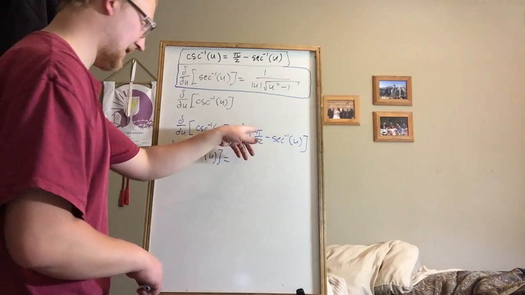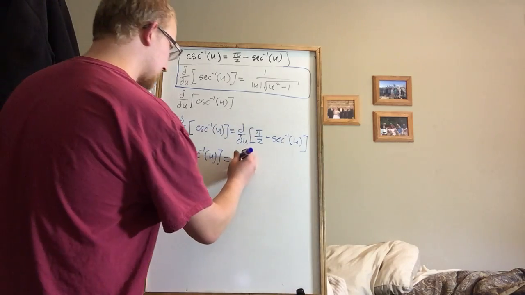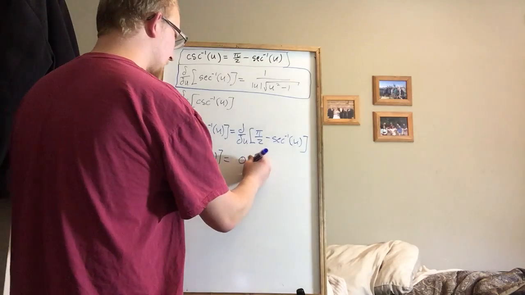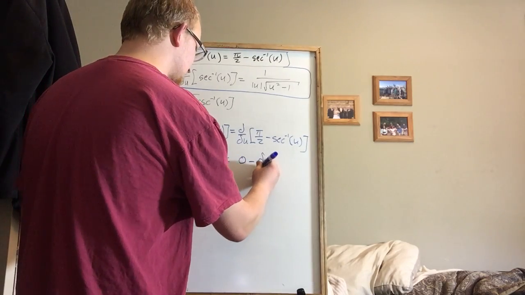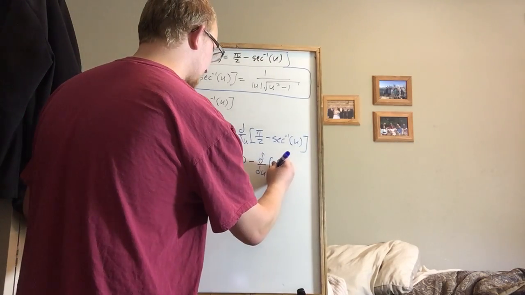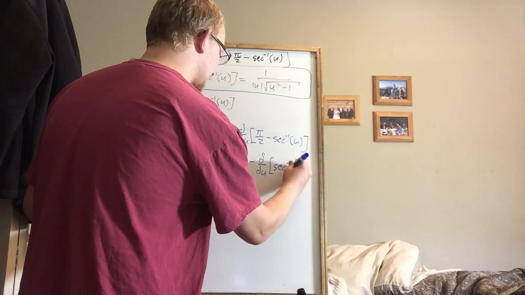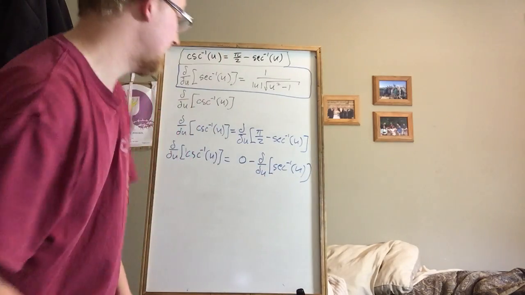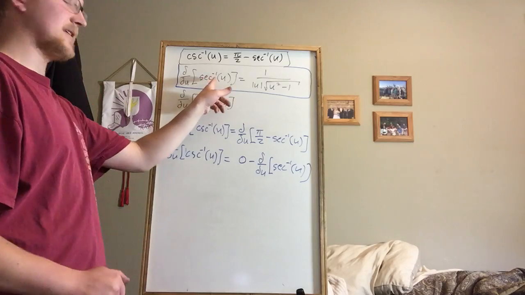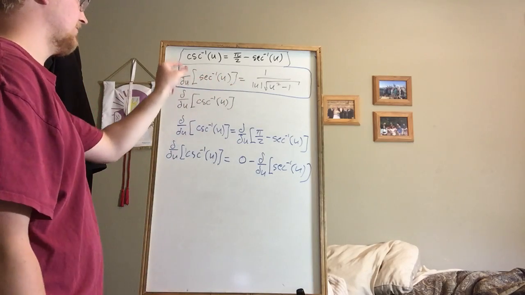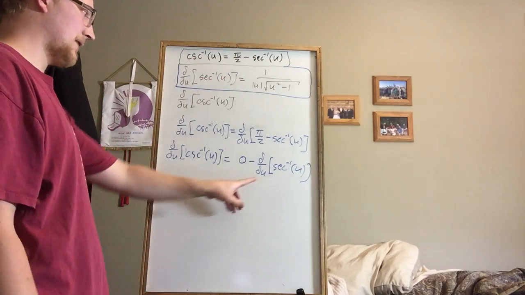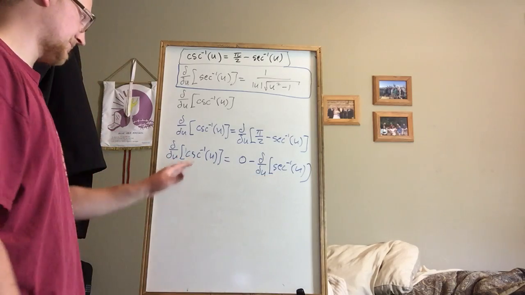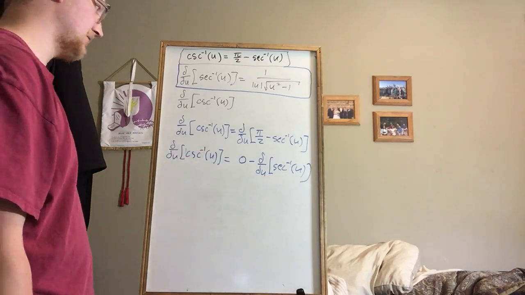I guess they have a sum rule as well as a difference rule, but that's just all a consequence of linearity. So the derivative of pi halves is 0, and that's what they want you to enter in their box, minus, and then we're going to take d du of the arcsecant of u. And at this point, they want us to use this identity of the derivative of the arcsecant of u in order to solve for the derivative with respect to u of cosecant inverse of u.